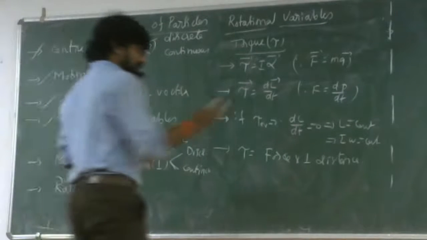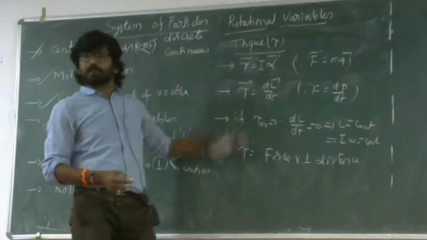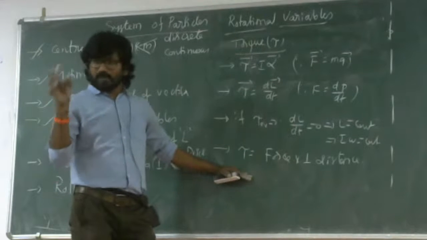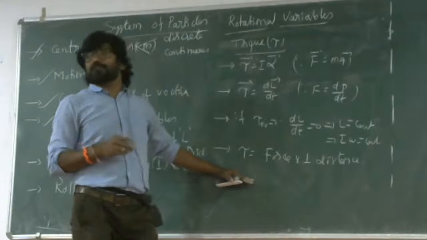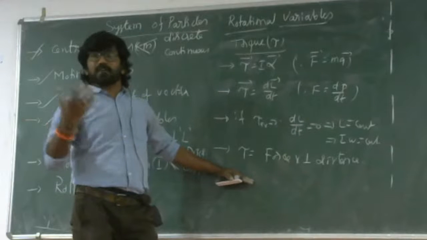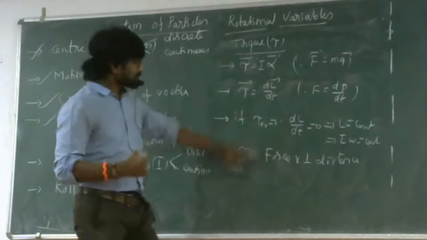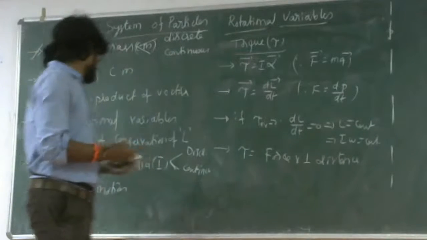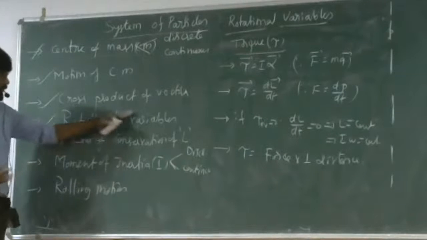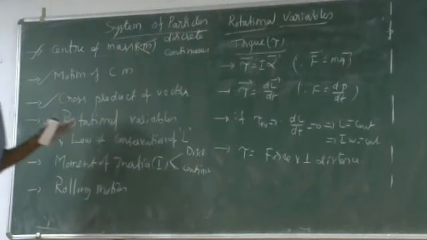So we will use this formula, this formula, this formula, depending on the data in the question. You have to understand, based on the data in the question, which relation to use. This is another way of representing torque acting on the system. These are a few rotational variables. Is this clear, everyone?